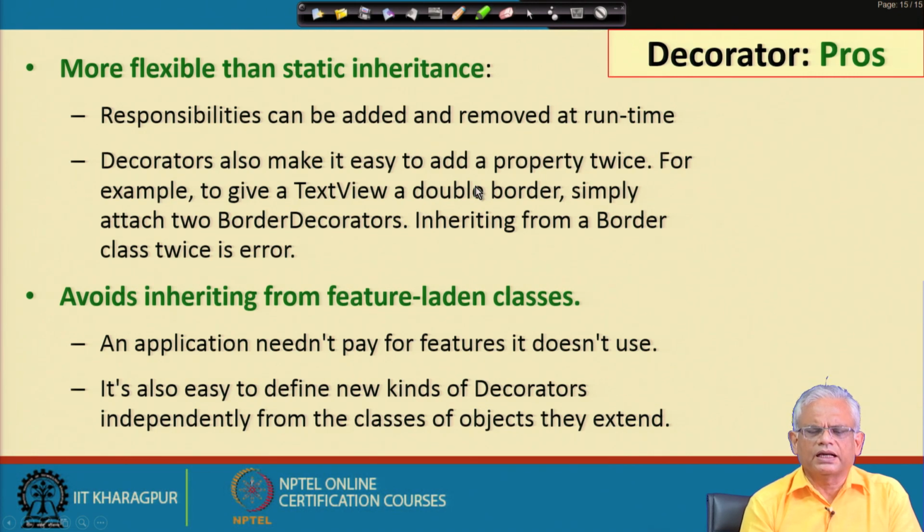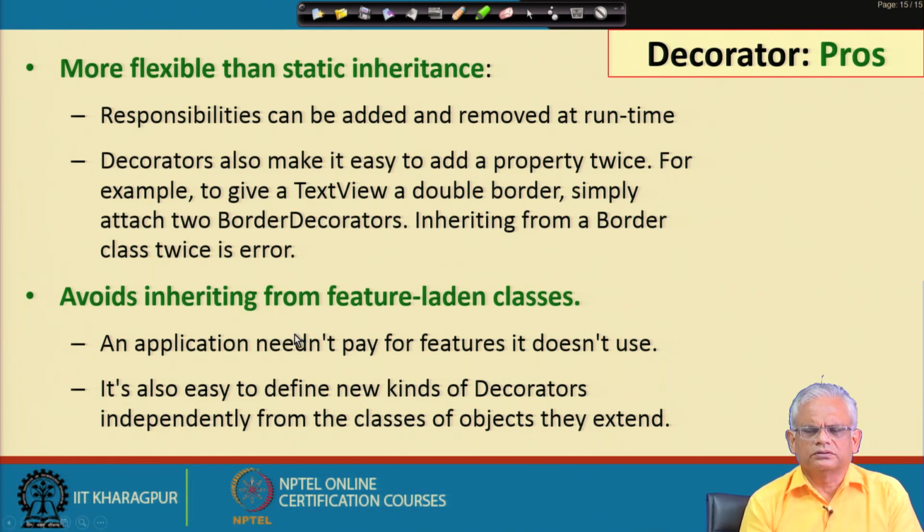For example, we can add a double border to a text view, but in inheritance you cannot do that, because you cannot inherit from a class twice. That will be an error. Adding two borders will be difficult using static inheritance, it will give you an error.